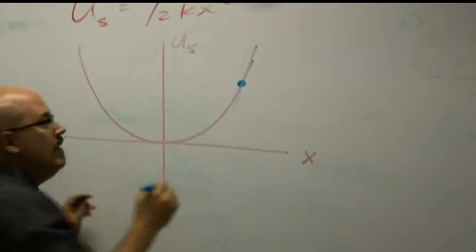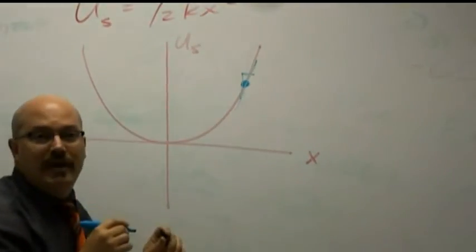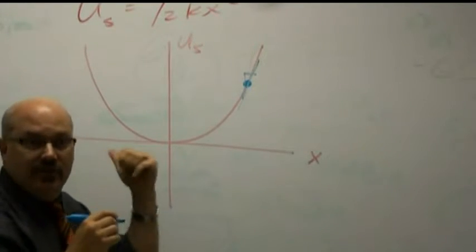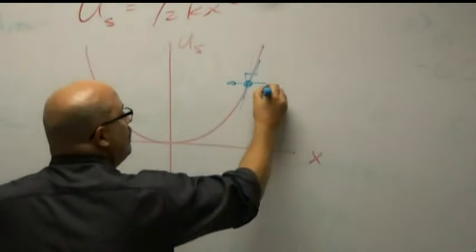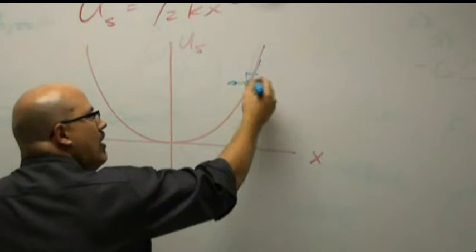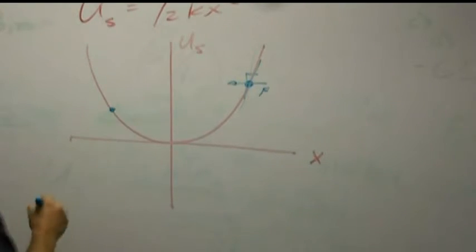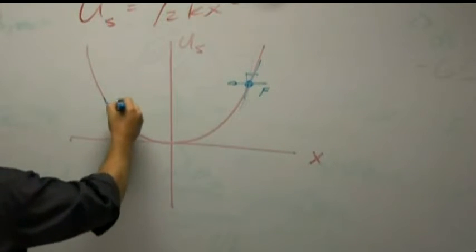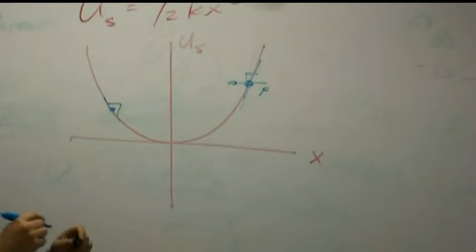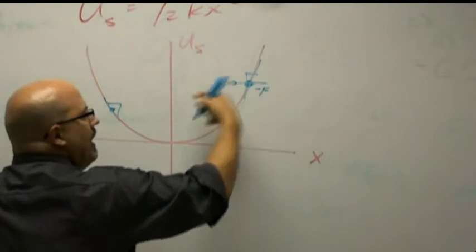Which way is the slope? Slope is positive, so the force will be in the negative direction. So the force is this way, causing the object to move back. What if the object's over here? You have a negative slope. Sorry, I should have put a negative force here. It's to the left.